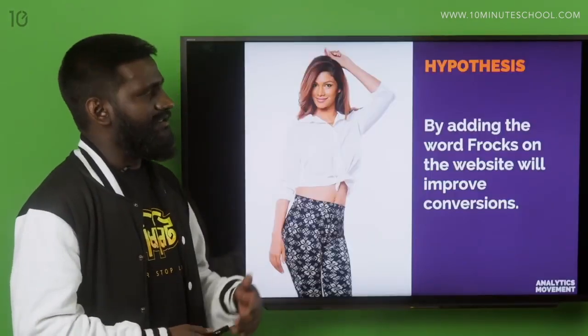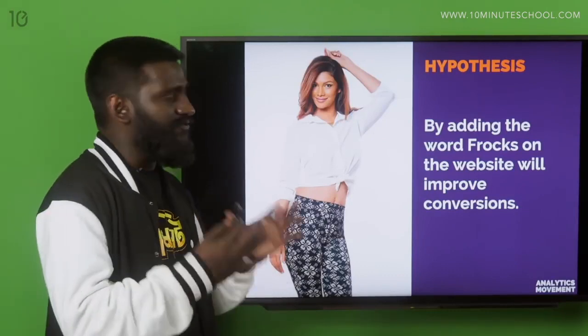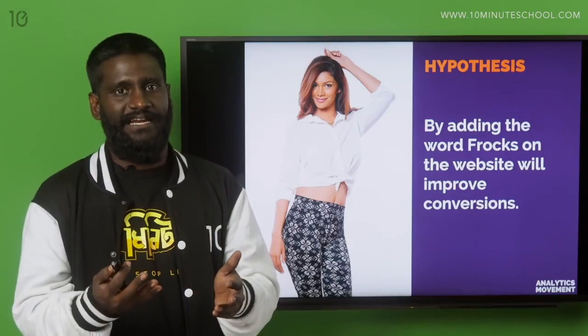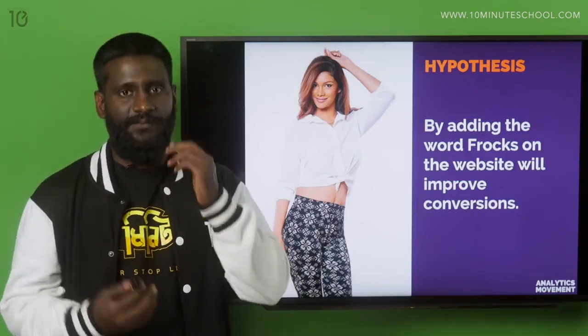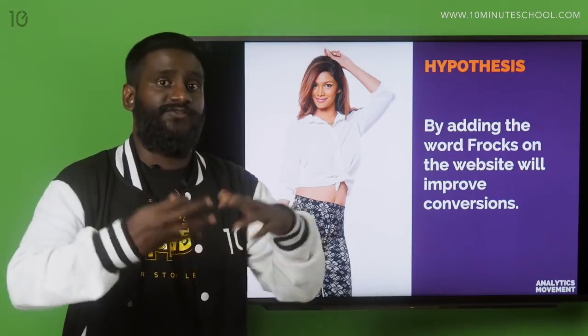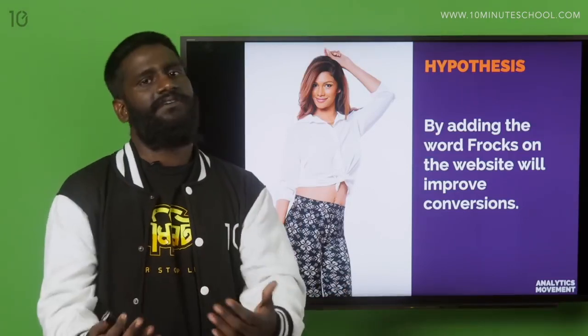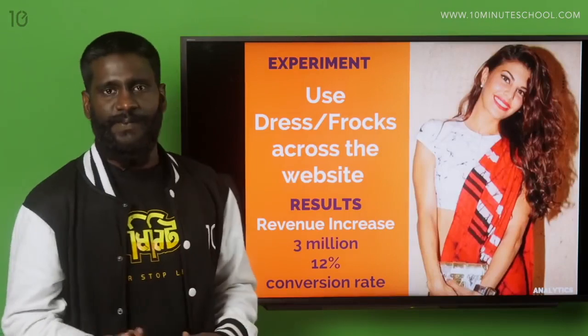So what we did was, we created the hypothesis that if you add the word frocks to the site in places where there are dresses, the conversion rate will improve. If you have the word frocks more on the site in relevant places, the conversion rate will improve. That was our hypothesis, and we created an experiment for that.